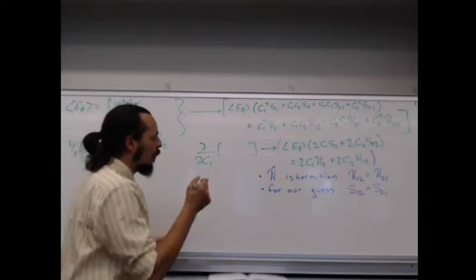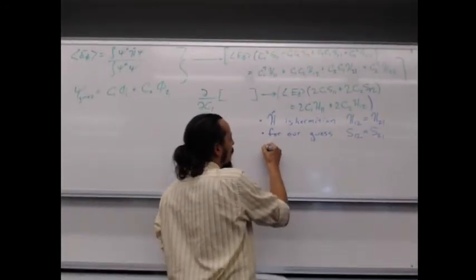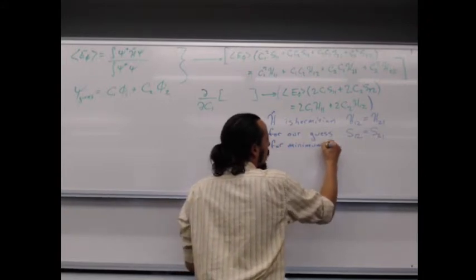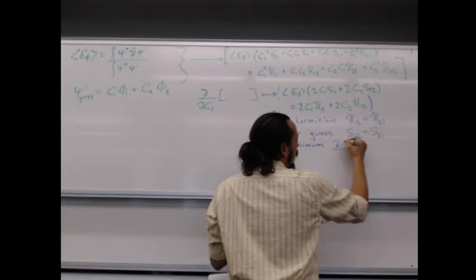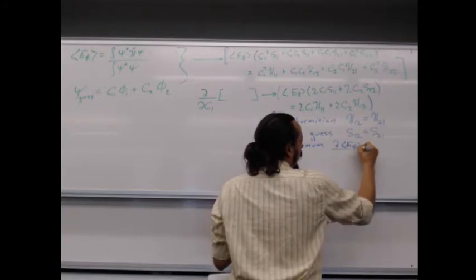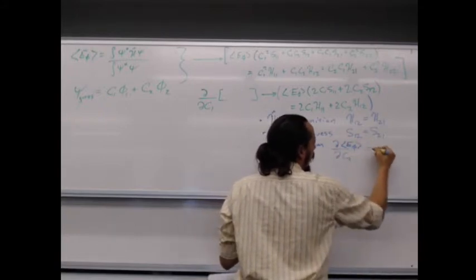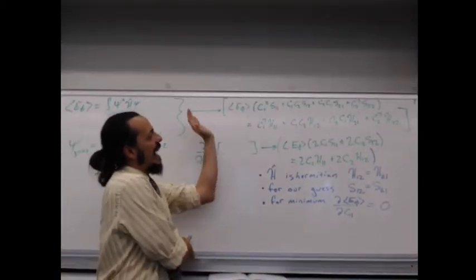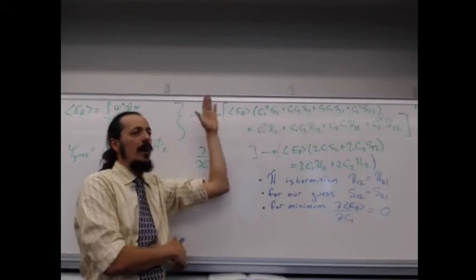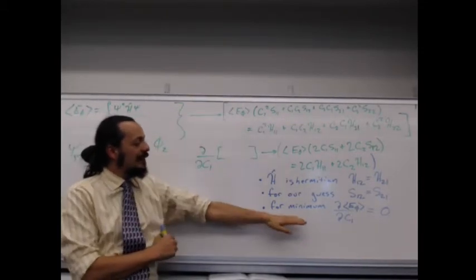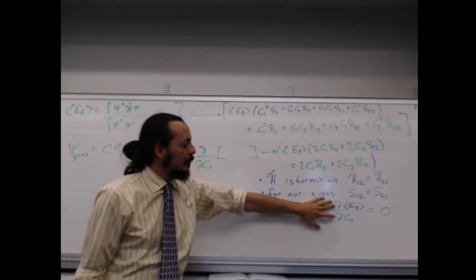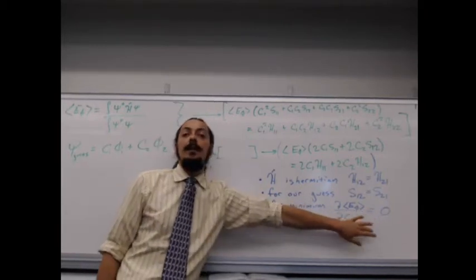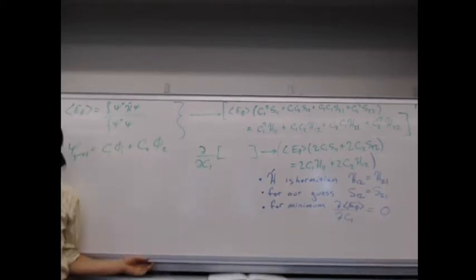There's actually one more thing that simplified. We got rid of an entire chain rule term on our left-hand side because we said if we're doing this for a minimum, the derivative of the energy with respect to this parameter is going to be 0. That's because we're trying to minimize our energy.